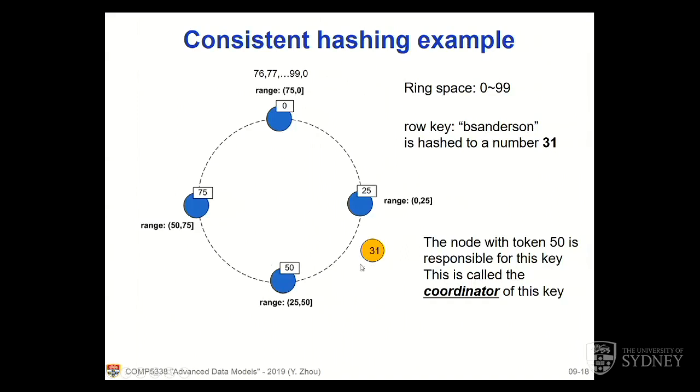And this node is called the coordinator of this key, which means it needs to coordinate something. It's because there will be replications, and the data needs to be replicated to the other nodes. And that's the coordinator of this particular key. So it's not the coordinator of the whole system. It's just a coordinator of some keys. So all the nodes eventually will take the coordinator role for the keys located in their range.